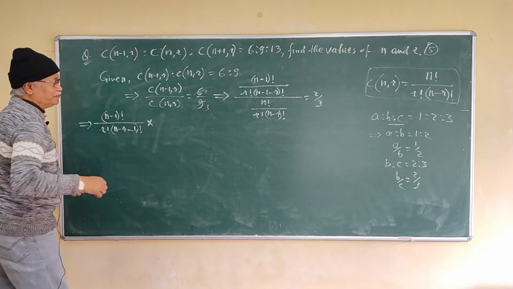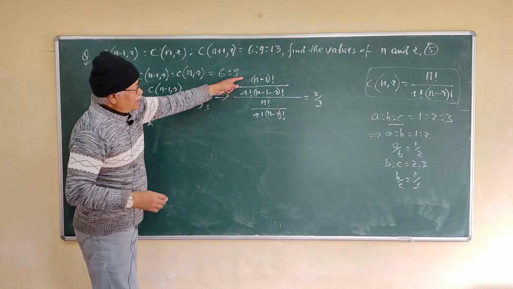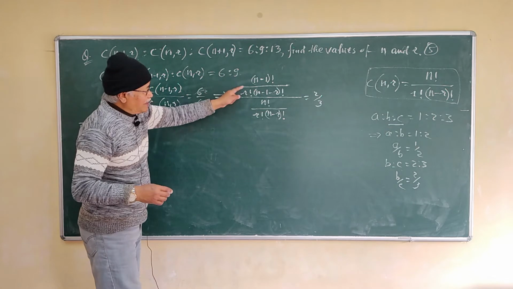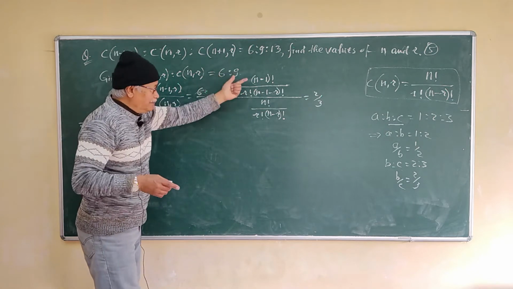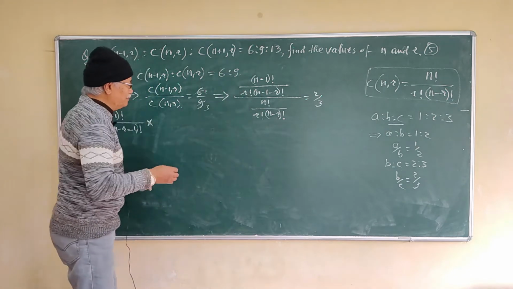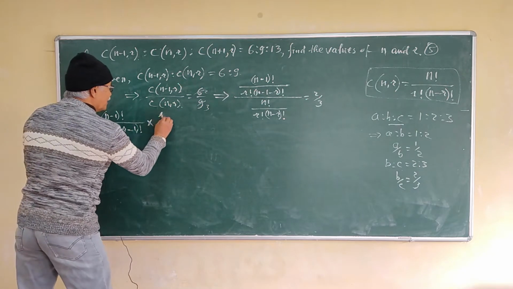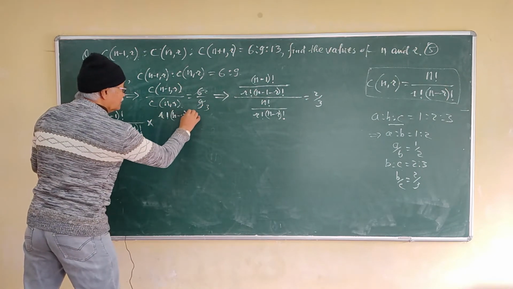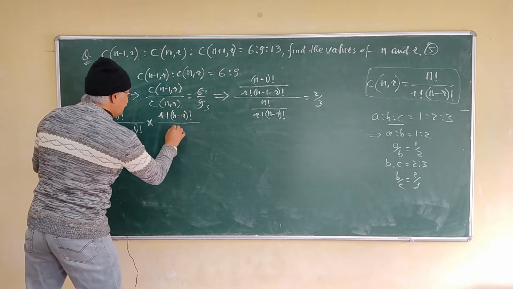Multiply 2. See, a by b upon c by d could be written as a by b multiplied by d by c. This will jump up. So it will be r factorial, then (n minus r) factorial upon n factorial.